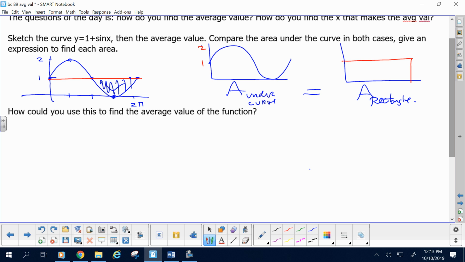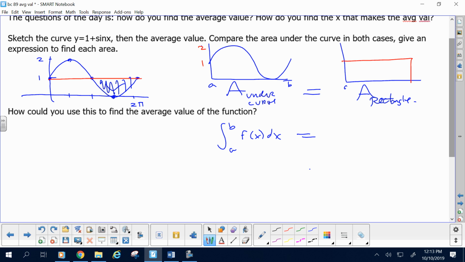How do you find area under a curve generally? Forget the sinusoid now, just generally speaking. Assuming the interval is from a to b, then it's the integral from a to b of the function f. Right? And this equals the area of this rectangle.